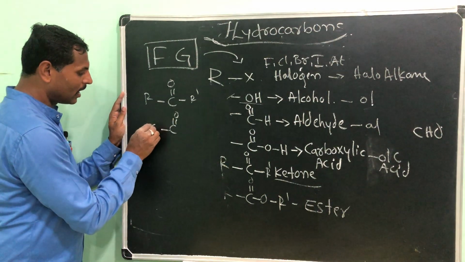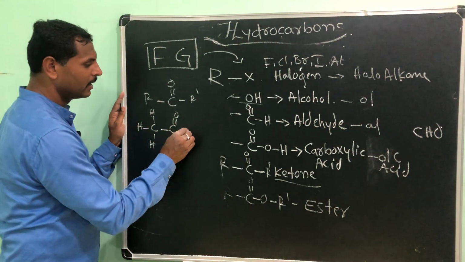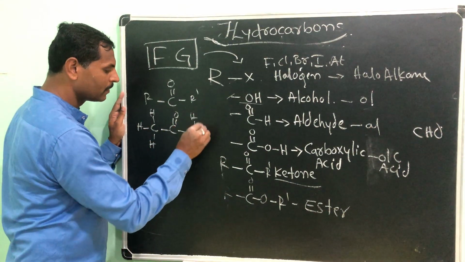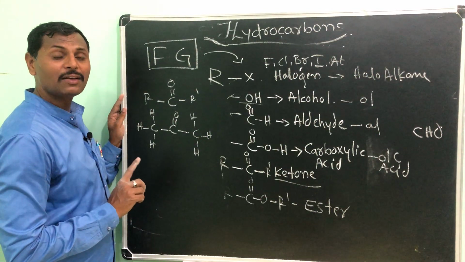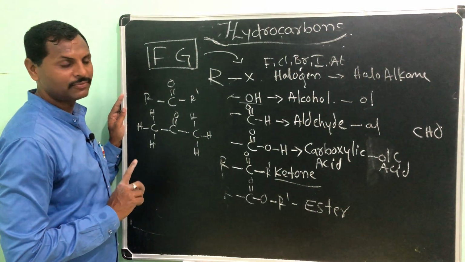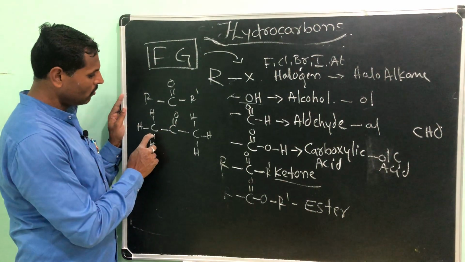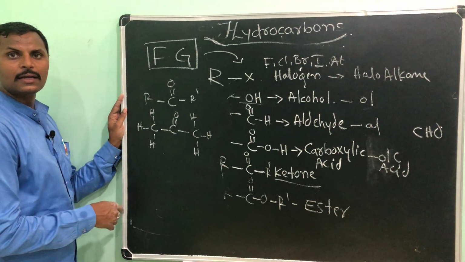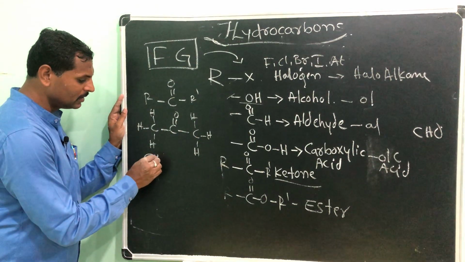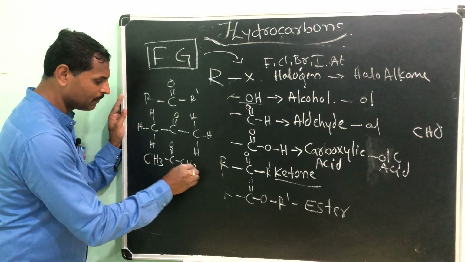I will take one carbon here, and here one more carbon. Check the valency of all the carbons, whether they are satisfied or not. You just check 1, 2, 3, 4, 1, 2, 3, 4, 1, 2, 3, 4. Write the molecular formula for this: CH3, C double bond O, CH3.